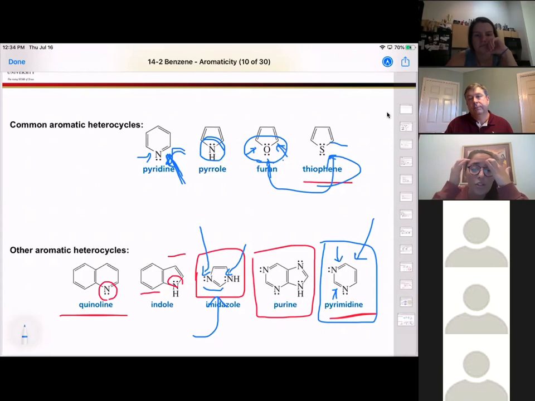So the nitrogen in pyridine, I feel like it's sp hybrid. Wait, yeah, because it's bonded to two things. Two electron domains are used up to make sigma bonds, but the third hybridized electron domain has the lone pair in it.